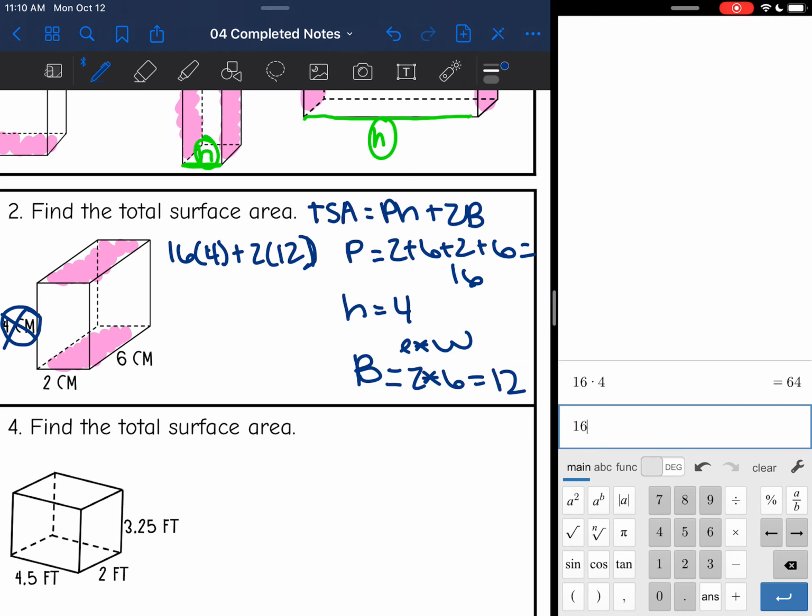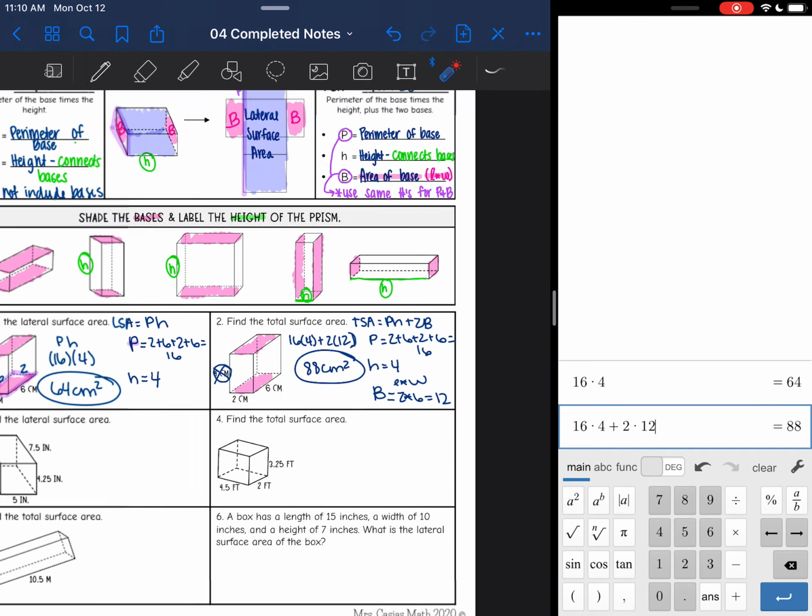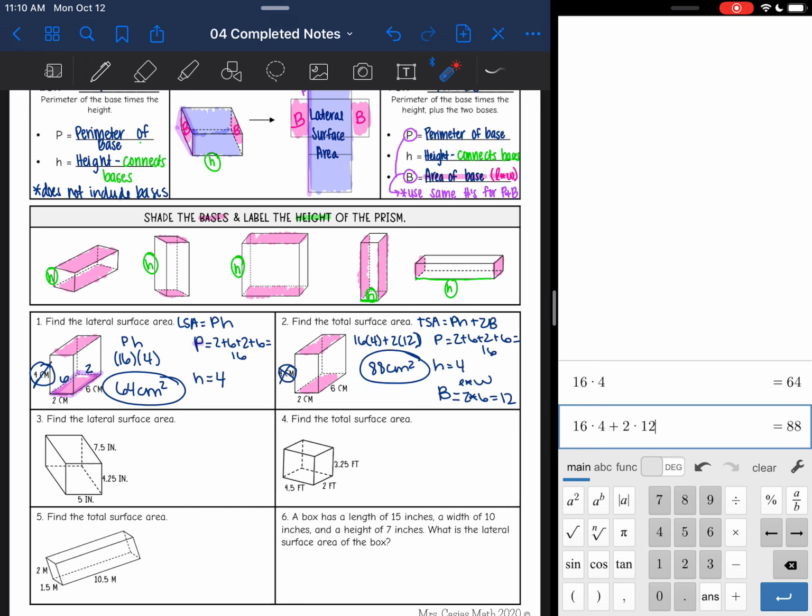And 16 times 4 plus 2 times 12 is 88. So it's the same thing as what we did on the last problem. I was just finding total surface area, so I added in the 2 bases instead this time.